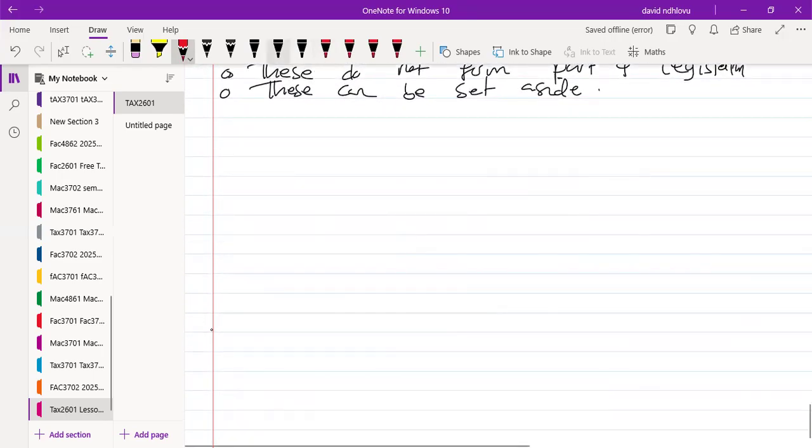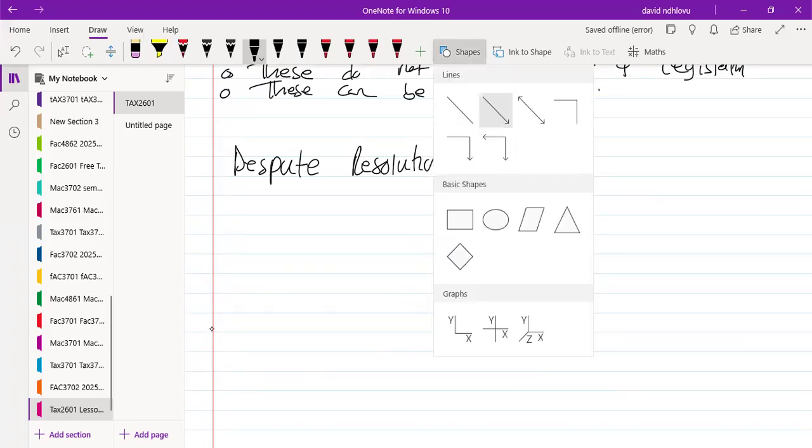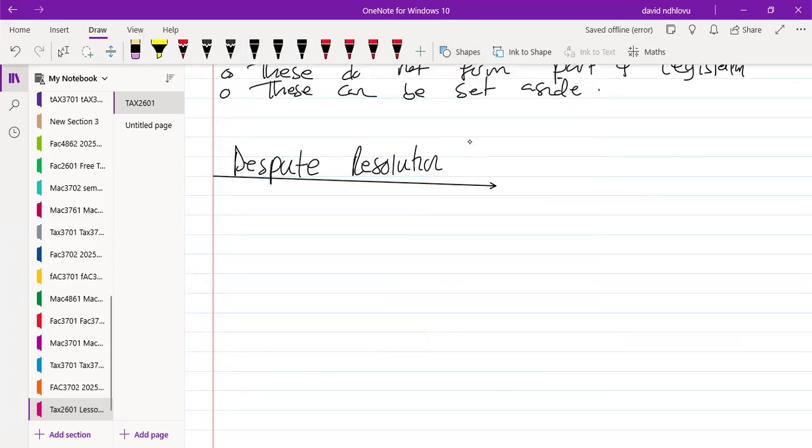Then we want to look at what we call dispute resolution. Remember we are saying that we have our main source of law, which is the Act, complemented by the judicial rulings.